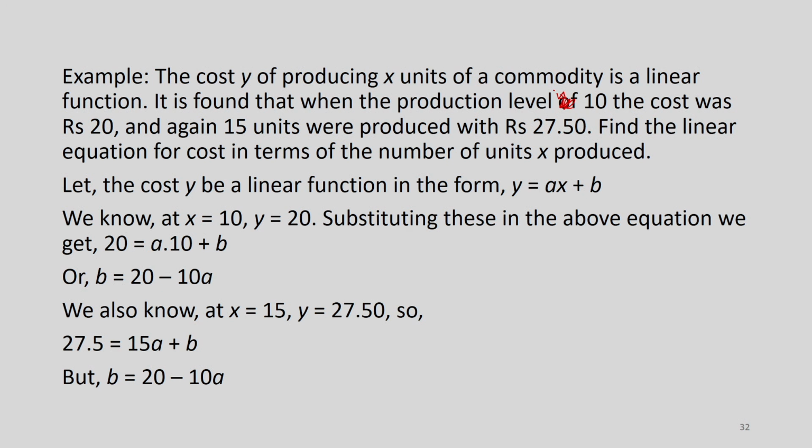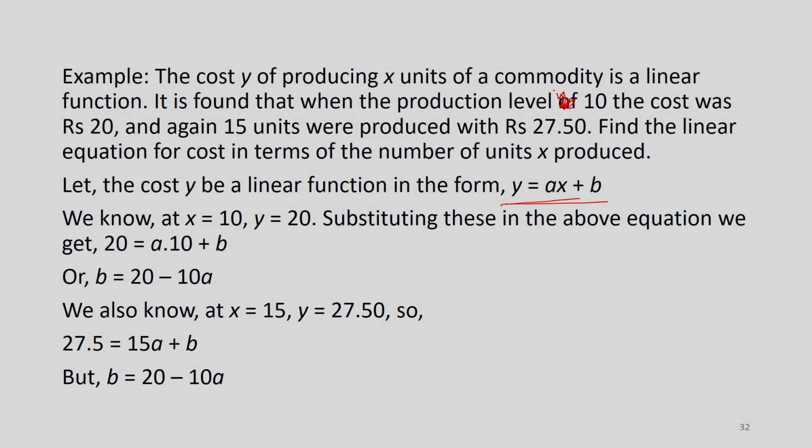Find the linear equation for cost in terms of the number of units x produced. So, x is the number of units that is being produced and y is the cost.